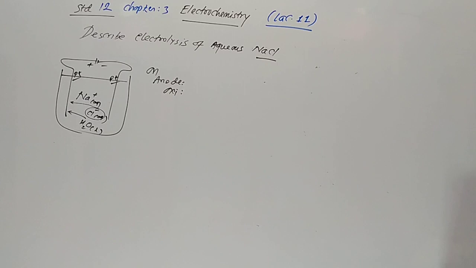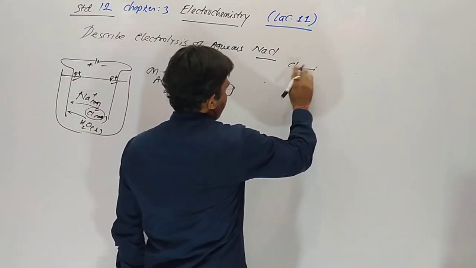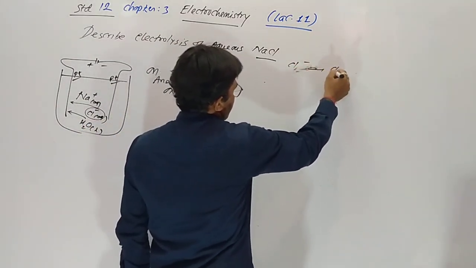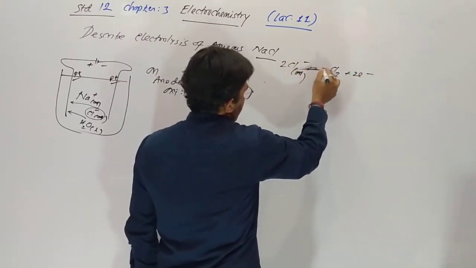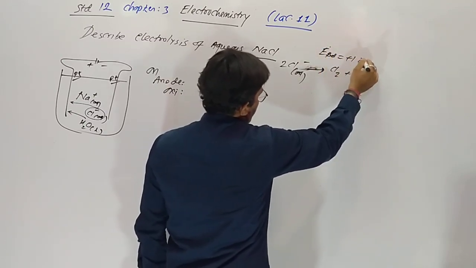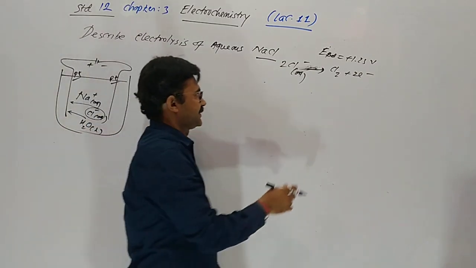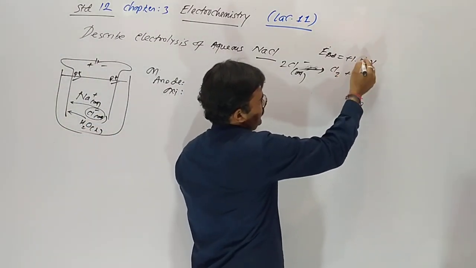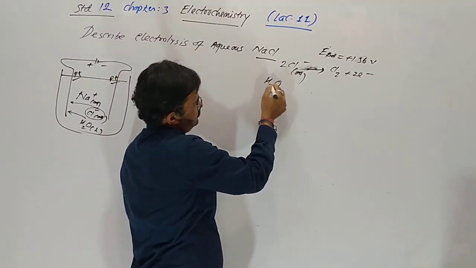So the reduction potential and oxidation potential of chlorine, Cl minus loses electron, the reduction potential of it is 1.36 volt.